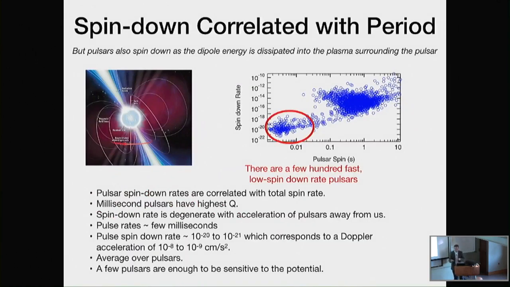However, in addition to the acceleration of the pulsar, there are two other things that cause spin down. One is a real live intrinsic spin down of the pulsar.